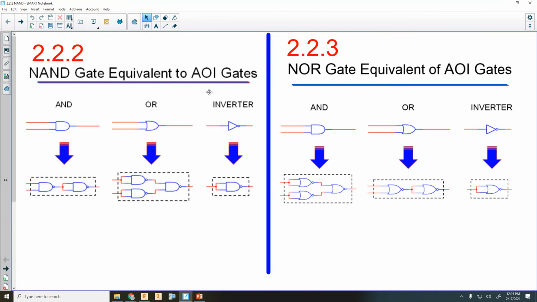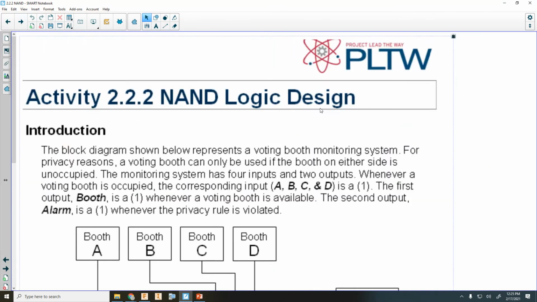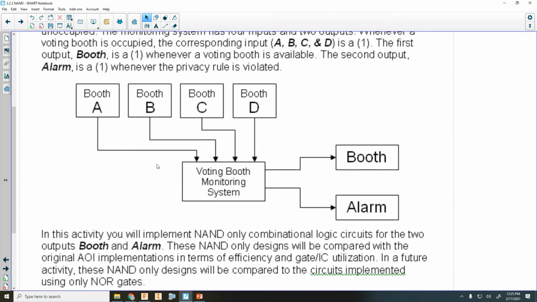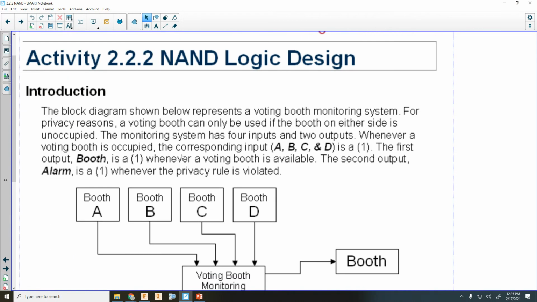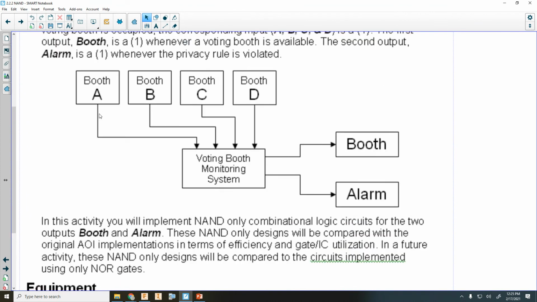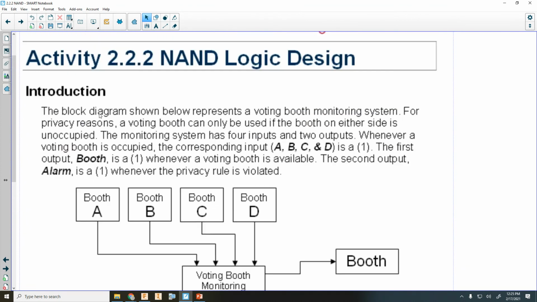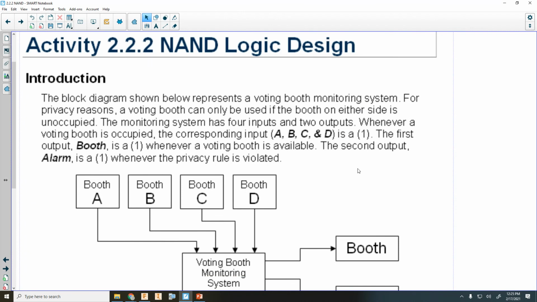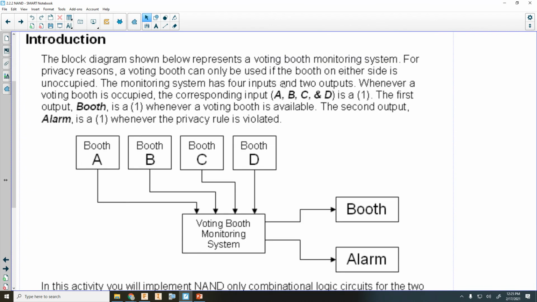And now, if we look at the NAND situation here, what we have is another voting booth problem.